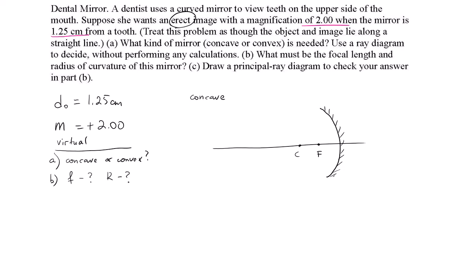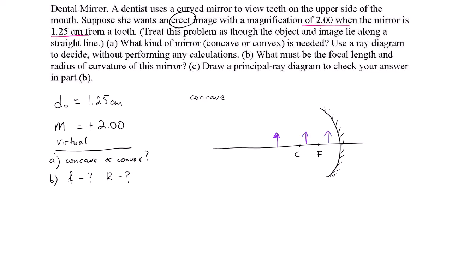So we have different situations. We could have our object beyond the center, right here. We could have our object between the center and the focal point, and before the focal point.